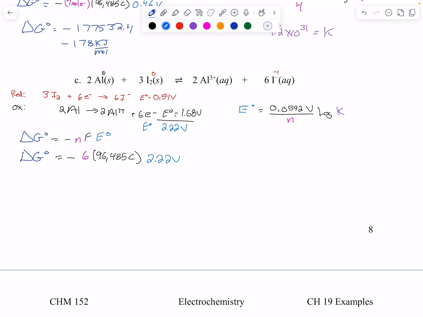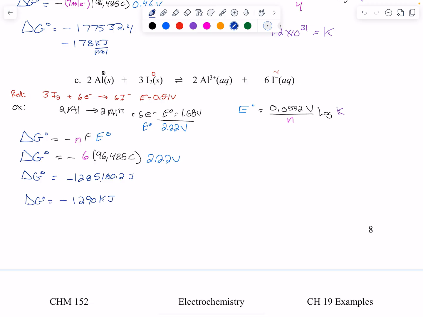So negative 6 times 96,485 times 2.22, pretty big. Delta G, hopefully you got the same thing, negative 1,285,180.2 joules. That's negative 1,290 kilojoules for delta G.